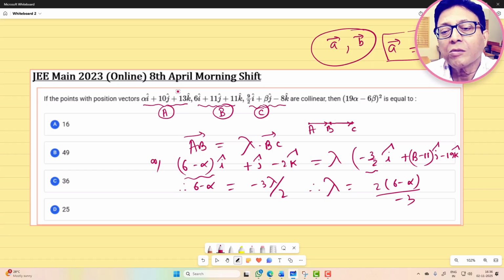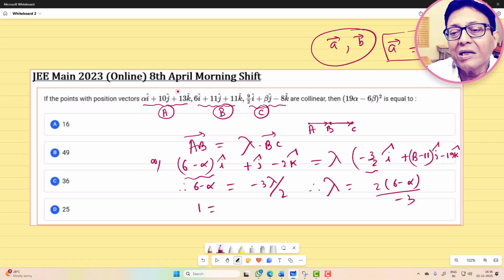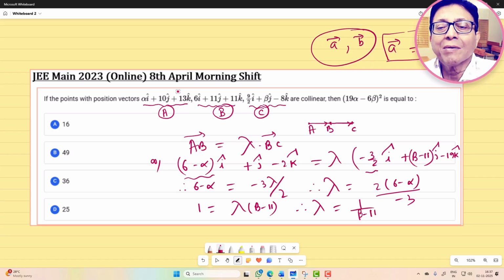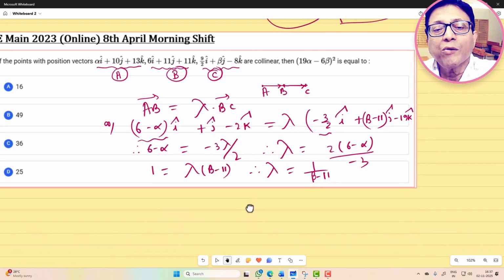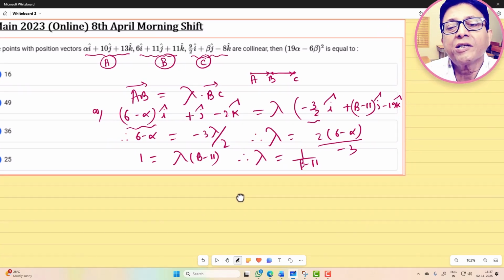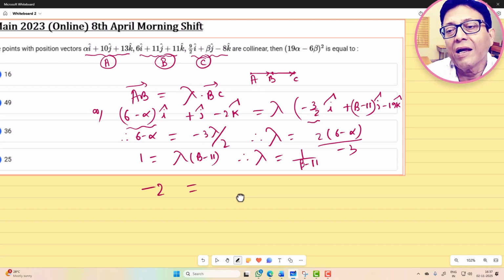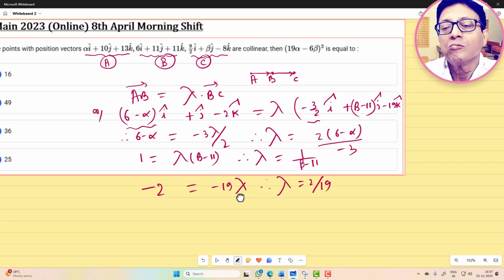Now the coefficient of j: 1 equals lambda into (beta - 11). So lambda equals 1 by (beta - 11). And finally the coefficient of k: -2 on the left side, so lambda equals 2 by 19.